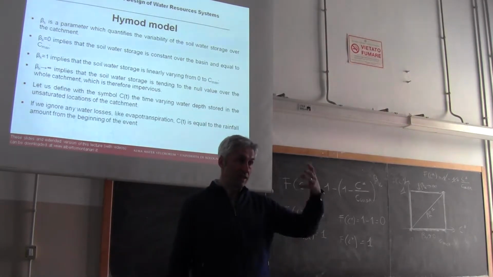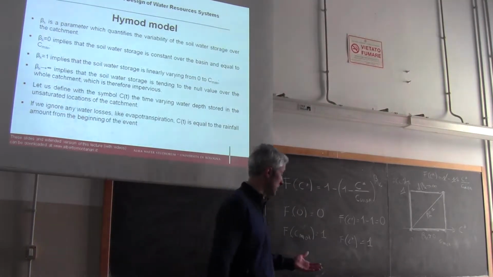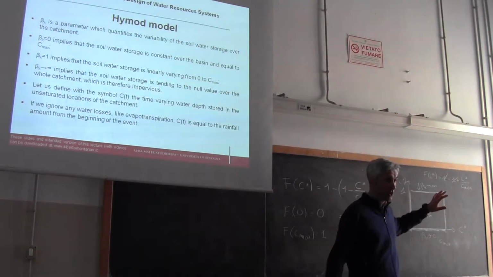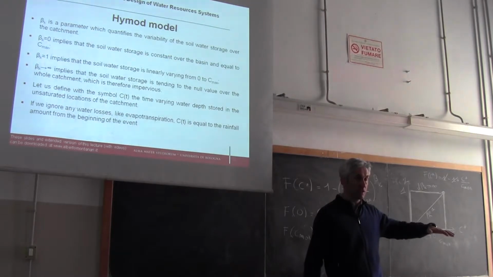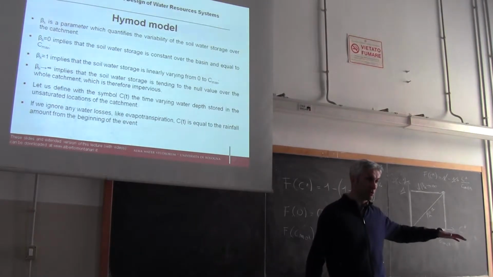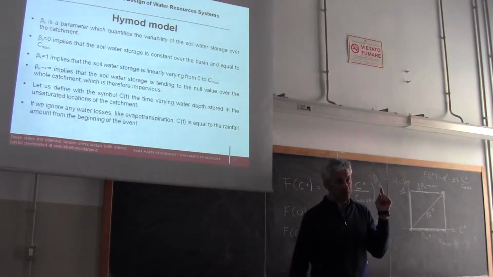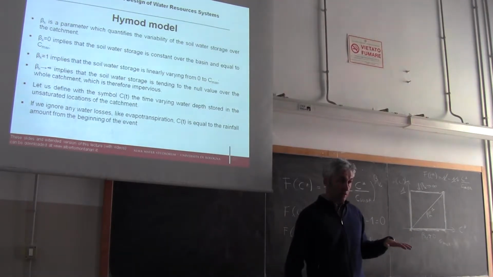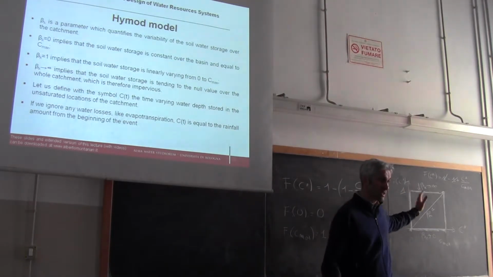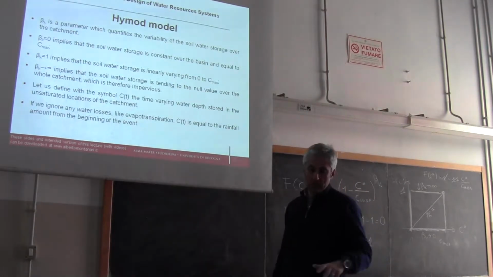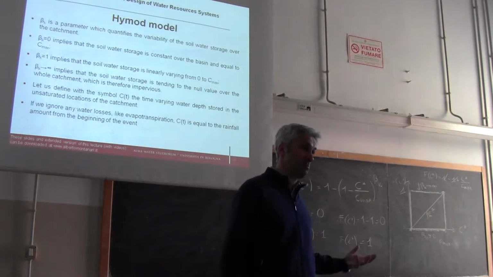By conveniently varying beta k, we can represent spatial variability, from the limiting condition of spatial variability neglected, because the catchment is everywhere impervious or everywhere characterized by a fixed value of storage. From this limiting condition, by varying beta k, we can describe several modalities of spatial variability.